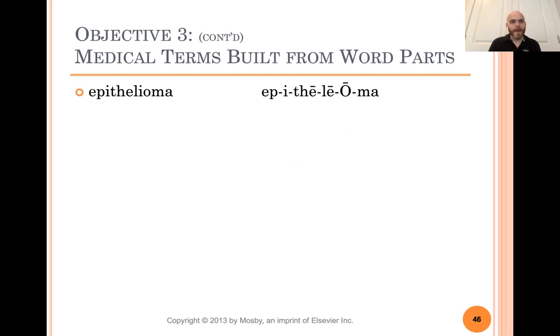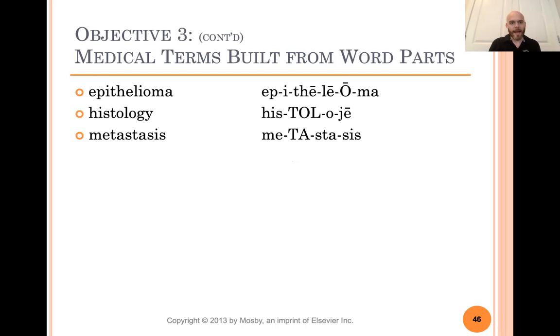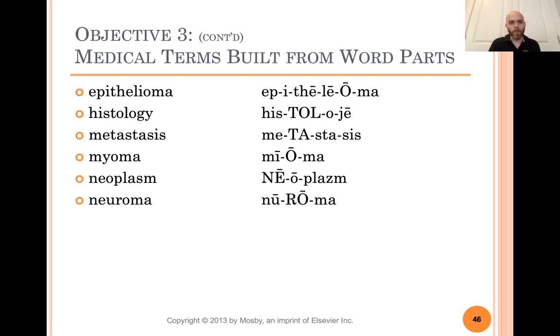We'll have a few more. Epithelioma would be a tumor of the epithelium. Histology, hist means tissue, ology means study of, so this is study of tissue. Metastasis, we've already talked about that, that means spread. Myoma would be a muscle tumor. Neoplasm, I've already said that, new growth. Neuroma, nerve tumor, we've had that one.